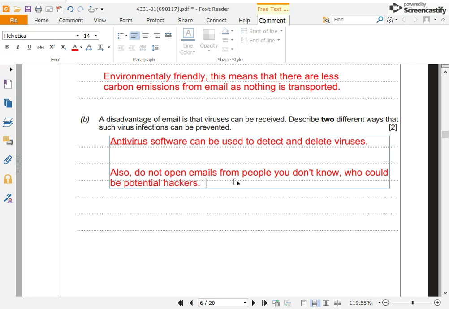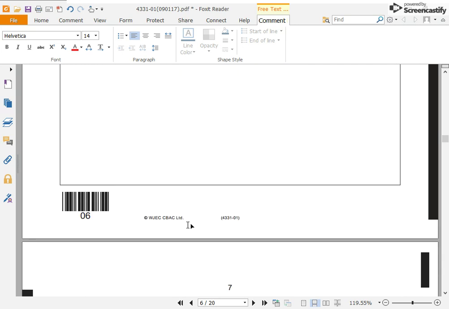Other things you could have talked about is not clicking on suspicious links, parental controls as well. So your parents could help you look at your emails, so that you don't download any viruses. Okay, on to the next one.